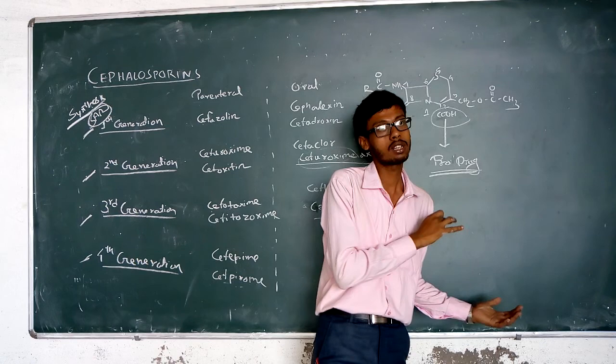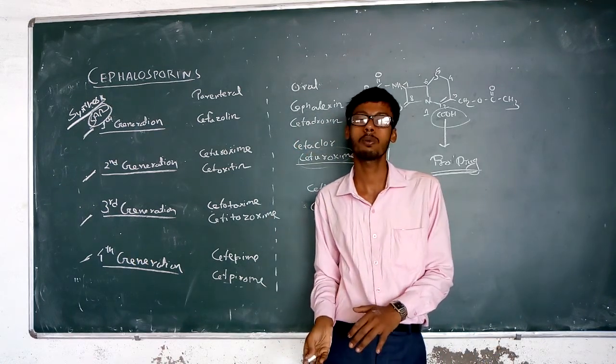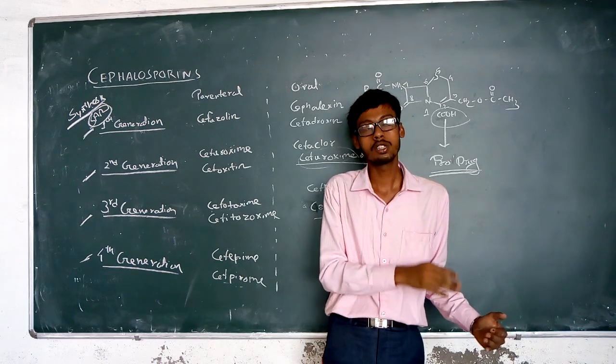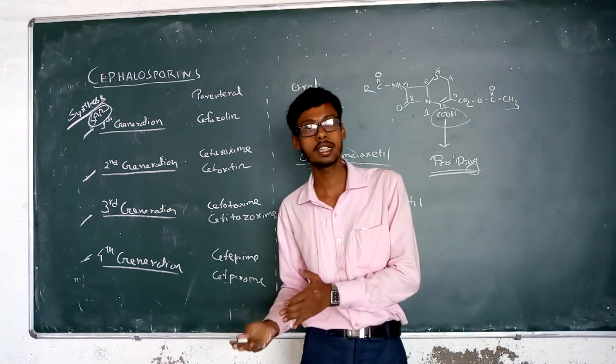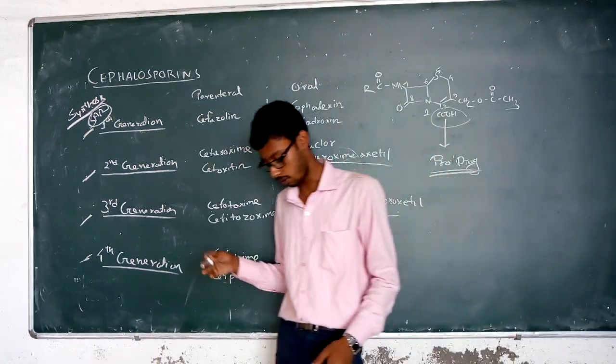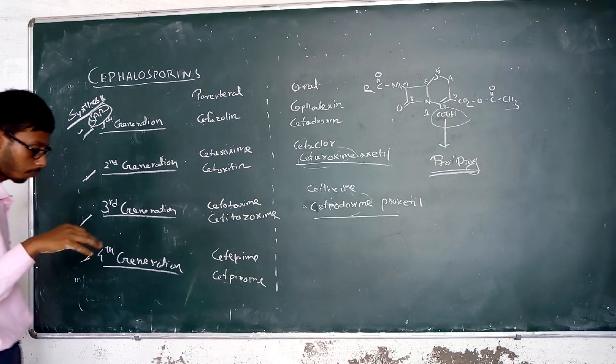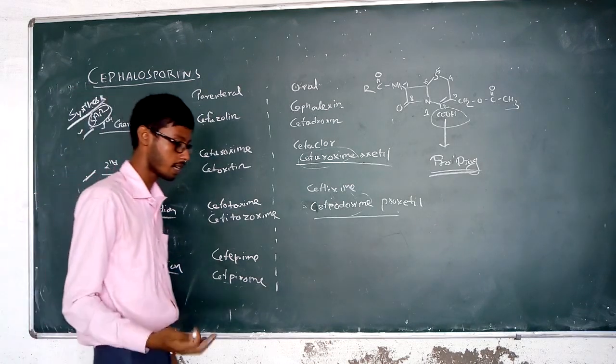From this SAR we can easily understand which moiety is responsible for the activity, which lowers the activity, which can increase the potency, and which can decrease the efficacy or potency. So from this SAR we can develop various generations of the drug.